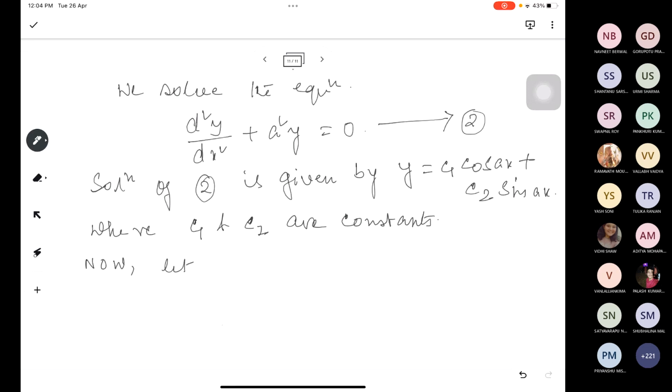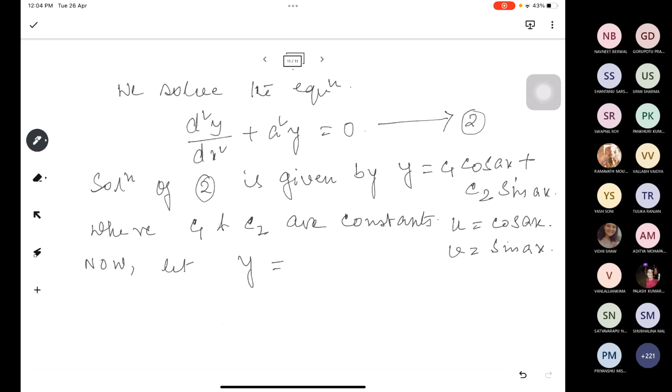Now here your u is equal to cos of ax and v is equal to sin ax. These are the two independent solutions of equation 2.